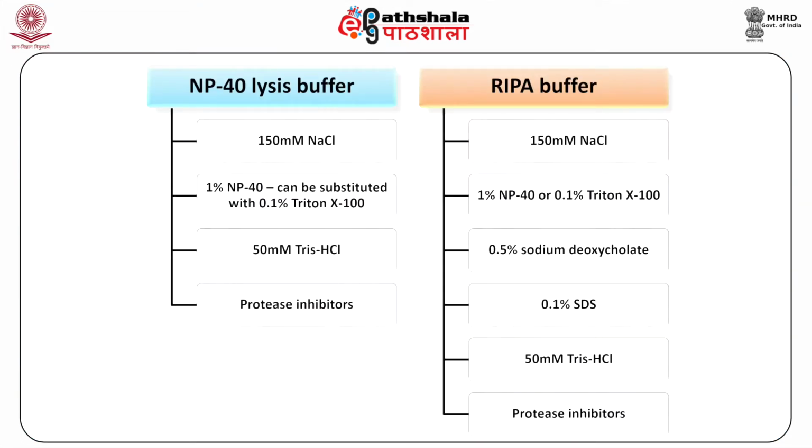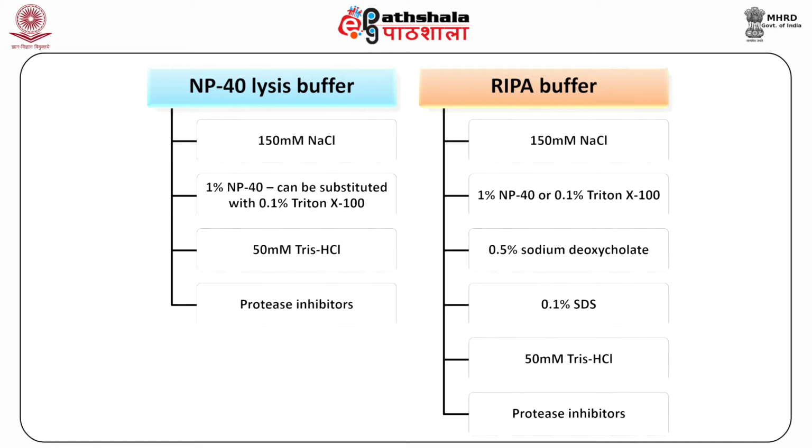They are NP40 lysis buffer, which includes 150 millimolar NaCl, 1% NP40, which can be substituted with 0.1% Triton X100, 50 millimolar Tris HCl at pH 8 and protease inhibitors.